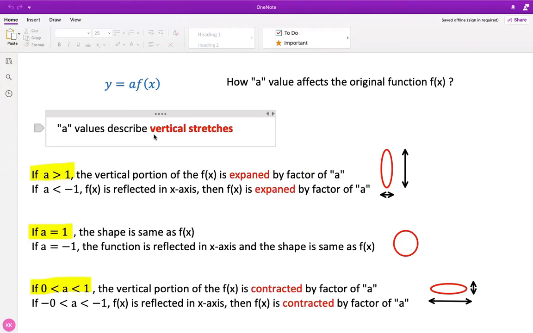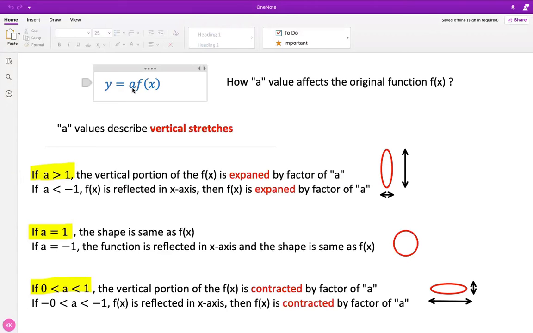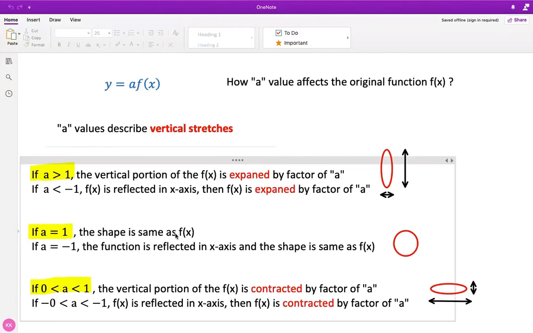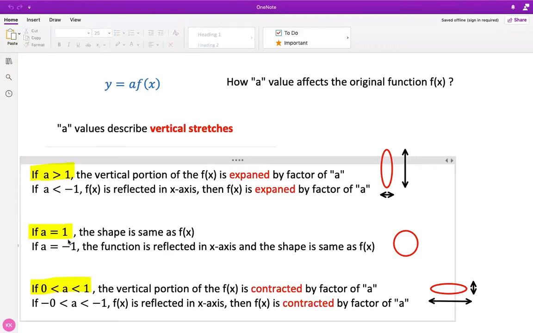Let's assume a equals 1. Then 1 times f of x equals f of x, so the shape will be identical to the function f of x if a equals 1. What happens if a is greater than 1? And what happens if a is between 0 and 1?